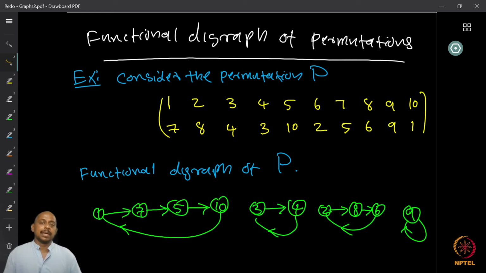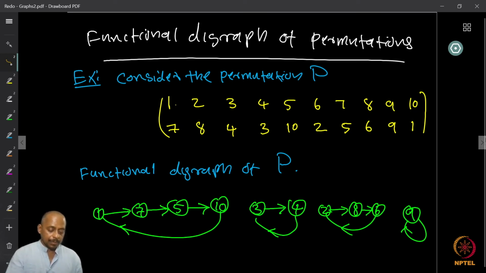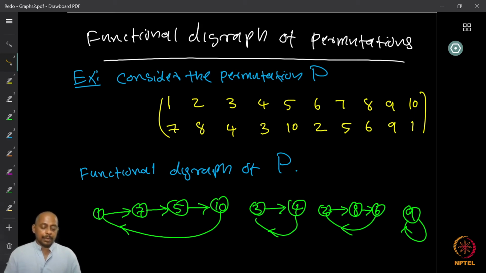Now, what is the functional diagram of this permutation? If you look at the functional diagram of this permutation, you will see something interesting. You have 1 going to 7, because 1 to 7 is the map. Then what happens to 7? 7 goes to 5.